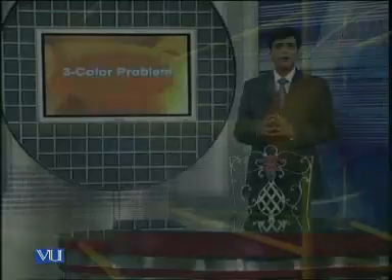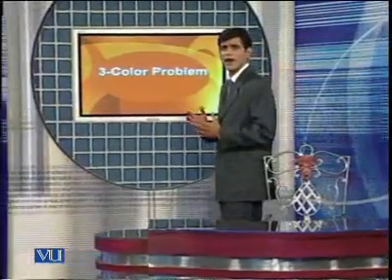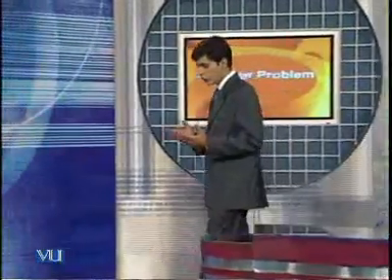So the 3-color problem is just that you will be given a graph as an input, and you want an algorithm that will go through that graph and tell you whether it is possible to color the graph with 3 colors. And remember, when we say color the graph in 3 colors, there's a restriction. No 2 vertices that are connected are allowed to get the same color.